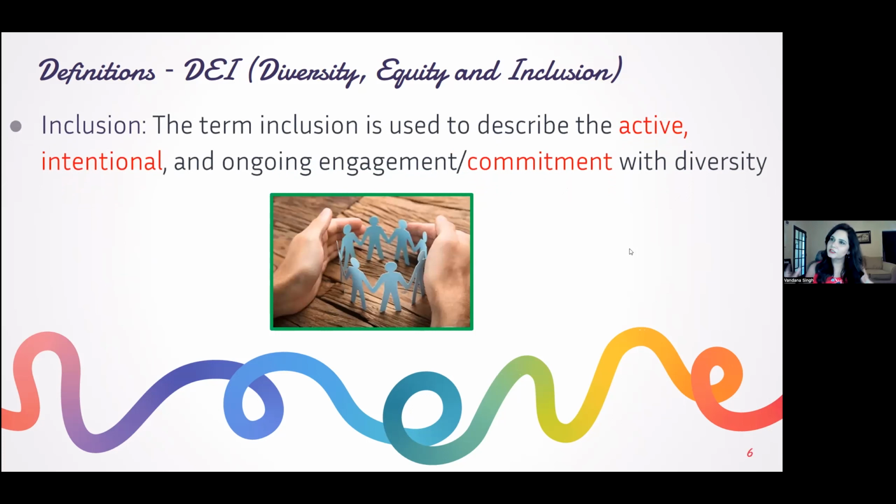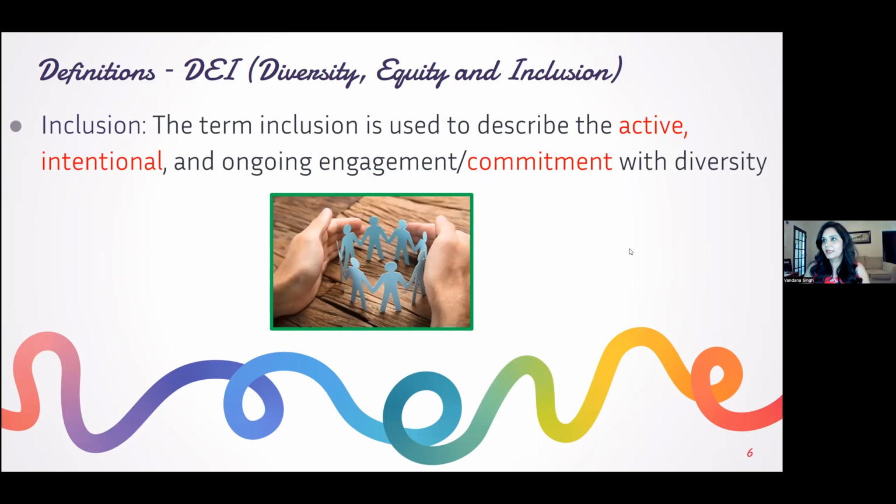Then if we look at the term inclusion, what does inclusion mean? So in step one, if we say there is diversity, if we acknowledge the fact, if we move from I am colorblind, I don't see differences of race among people, when we can move forward from there, then we can acknowledge that there are differences, and then we can be intentional. We can be intentional about accommodating those differences.